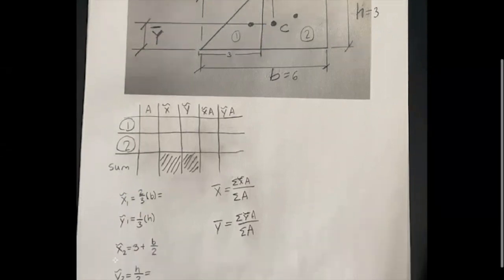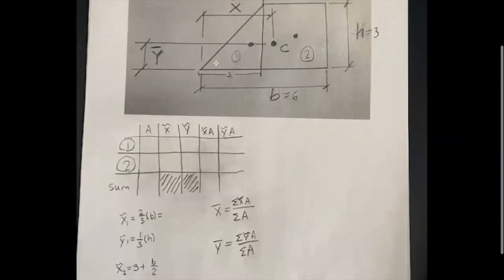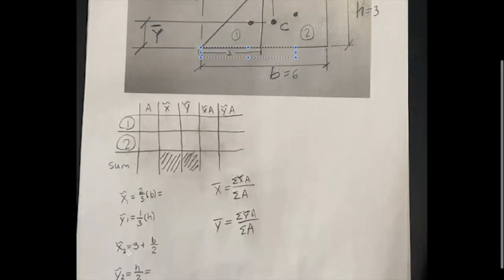And then for the square, we have to add 3 to our centroid. This 3 right here, we have to add because we're measuring from this spot. So 3 plus the base divided by 2.